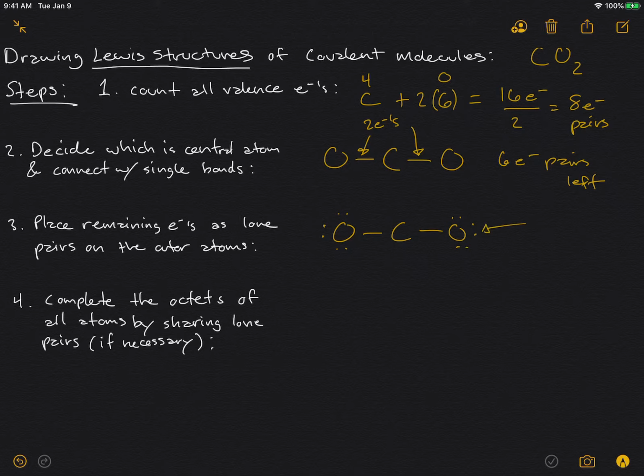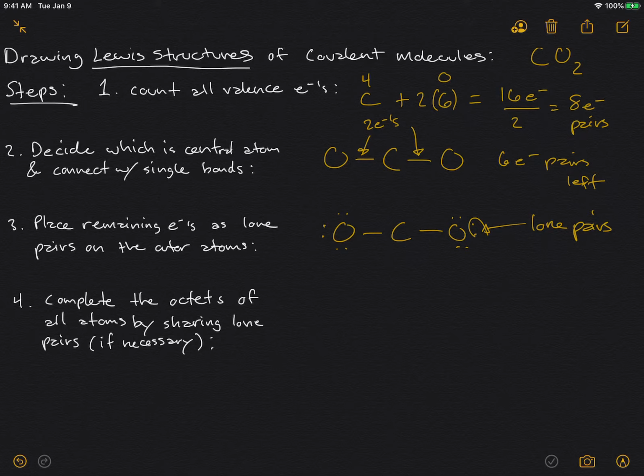And these are called lone pairs when they are not involved in any bonding, and they're also called non-bonding electrons. The last step says complete the octets of all atoms by sharing some of those lone pairs, if necessary. In some cases, this is not always necessary.